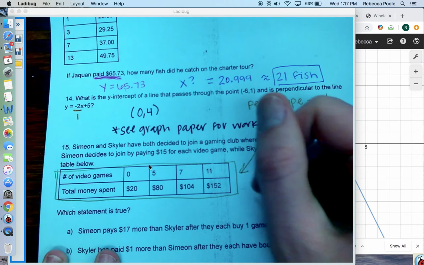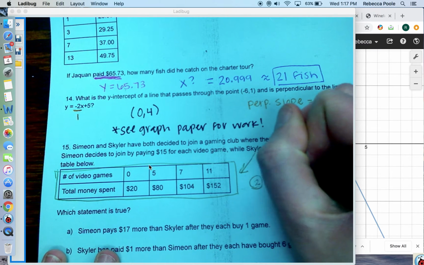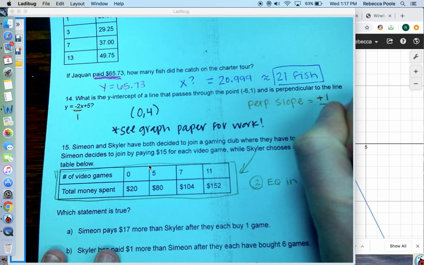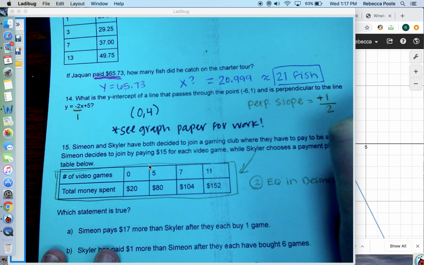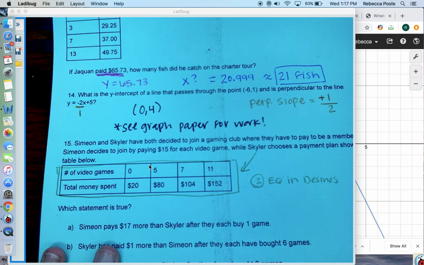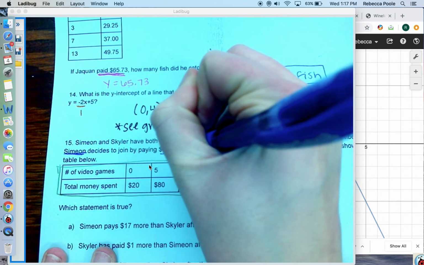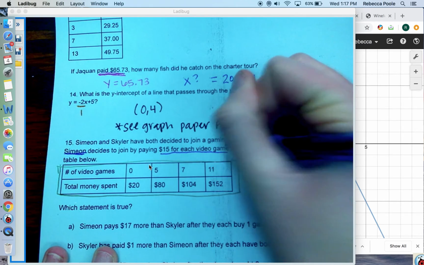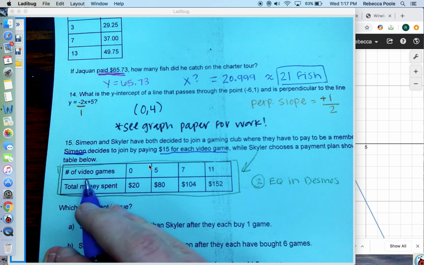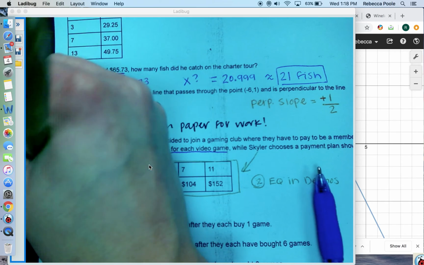Okay. I'm going to make this the second equation in Desmos. Now, for Simeon, it says that Simeon pays $15 for each video game. If you look at your table, the video games are the X's, right?